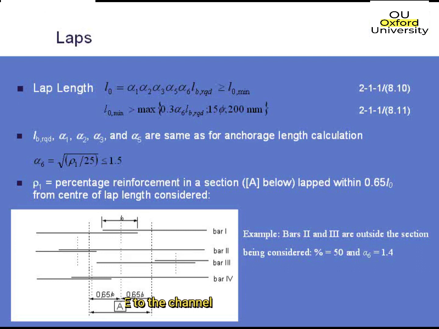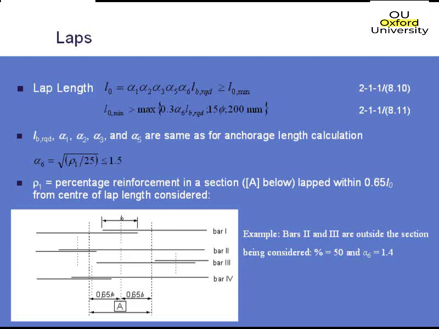If you do the normal thing that we do in the UK with every second lap being staggered, then you actually get an alpha 6 value of 1.4, and that's considered to be a 50% staggering. Basically, you just consider how well staggered it is.